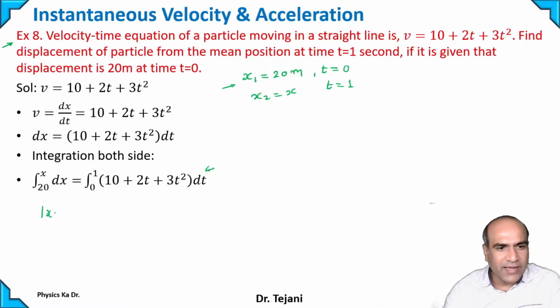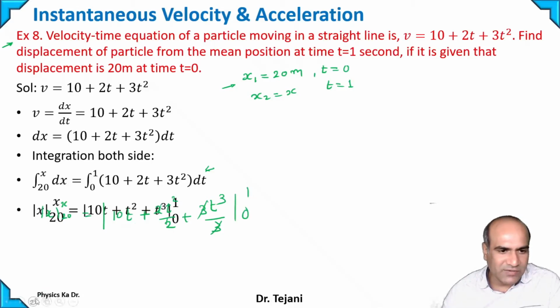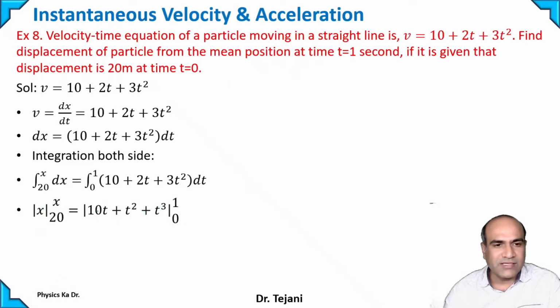So the left side becomes x, from 20 to x, is equal to 10t plus 2t square by 2 plus 3t cube by 3, and that will cancel out, right? And 0 to 1. So that is our solution. You can compare with this.